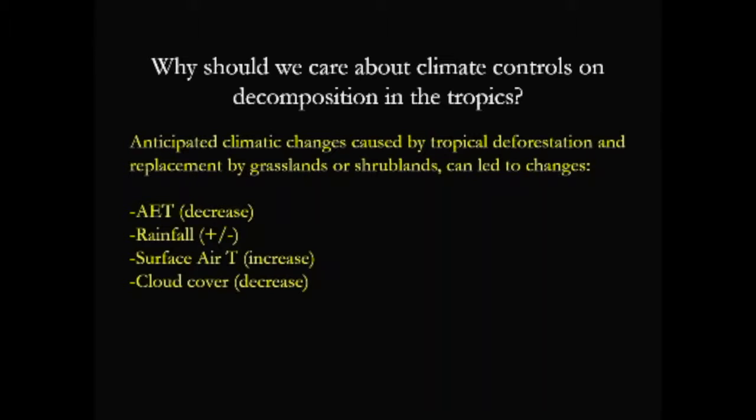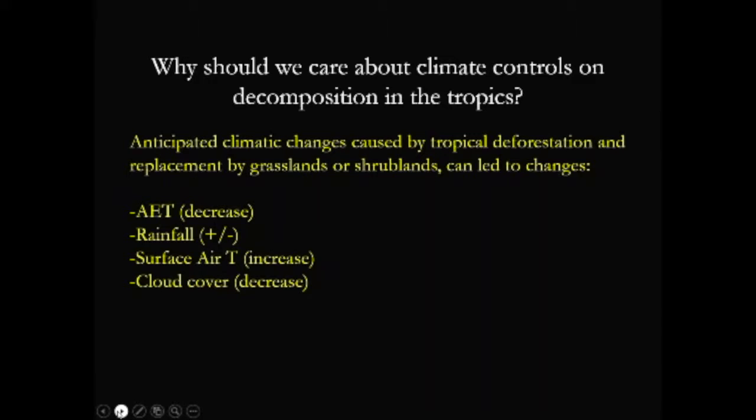There could be an increased or decreased precipitation prediction in some areas in the Caribbean. And then we might expect changes in surface air temperature and changes in the cloud cover.